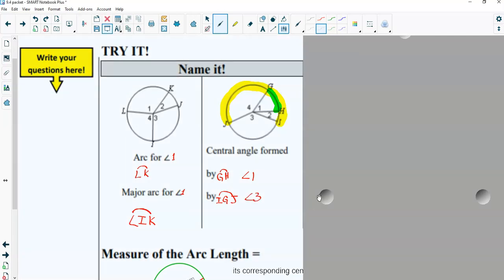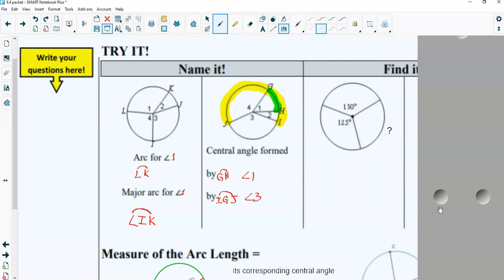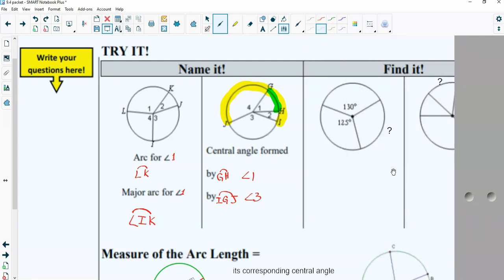Okay, the next part is finding the measurement, okay? So there is a difference between the measurement of the arc and the arc length. When we're talking about the measurement of the arc, we're talking about degrees. When we're talking about the arc length, it depends on the unit of measurement that you're using. It could be centimeters, meters, miles, whatever.